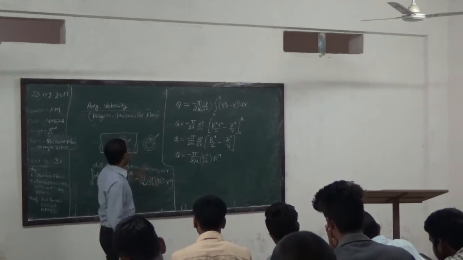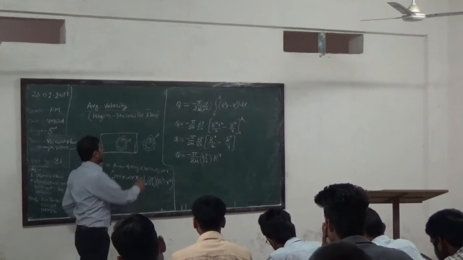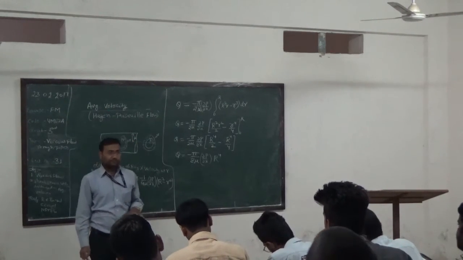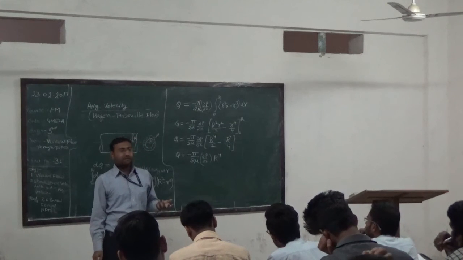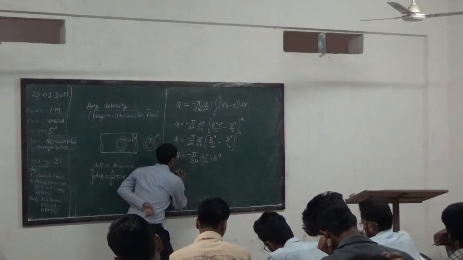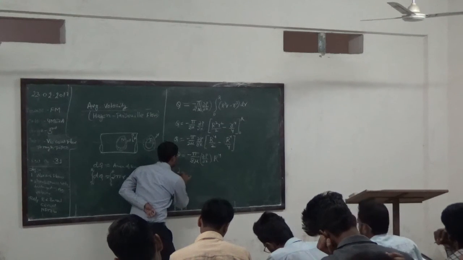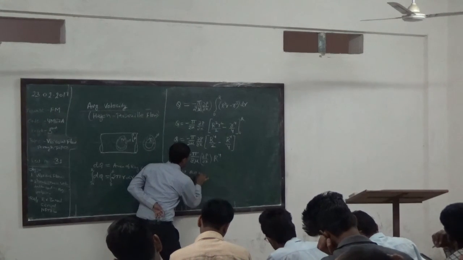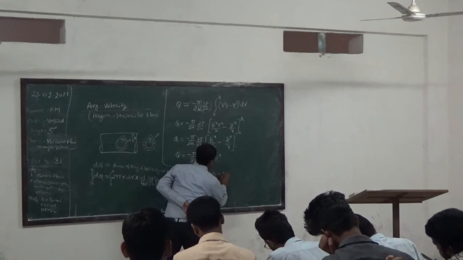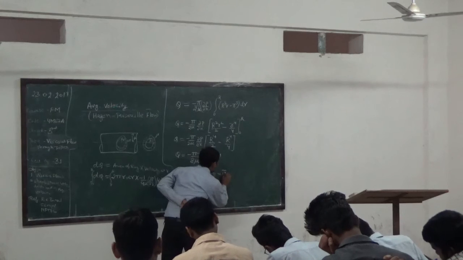Now, if the pipe radius is capital R and average velocity is u bar, okay, we are assuming that the average velocity is u bar.